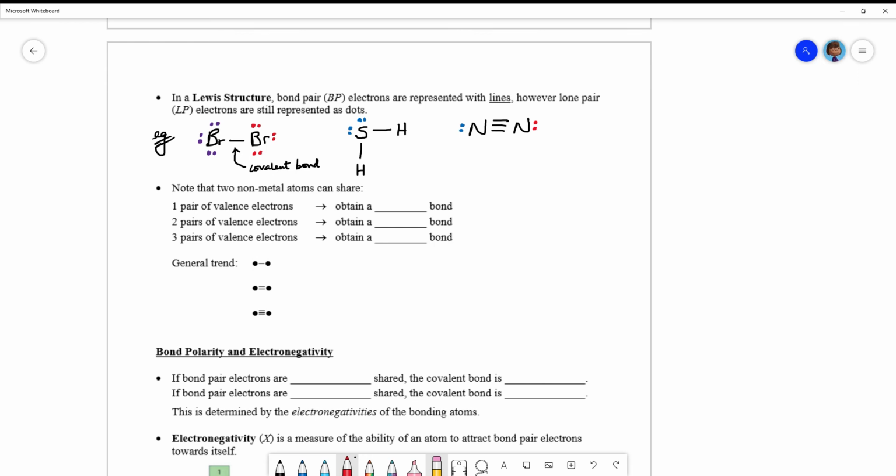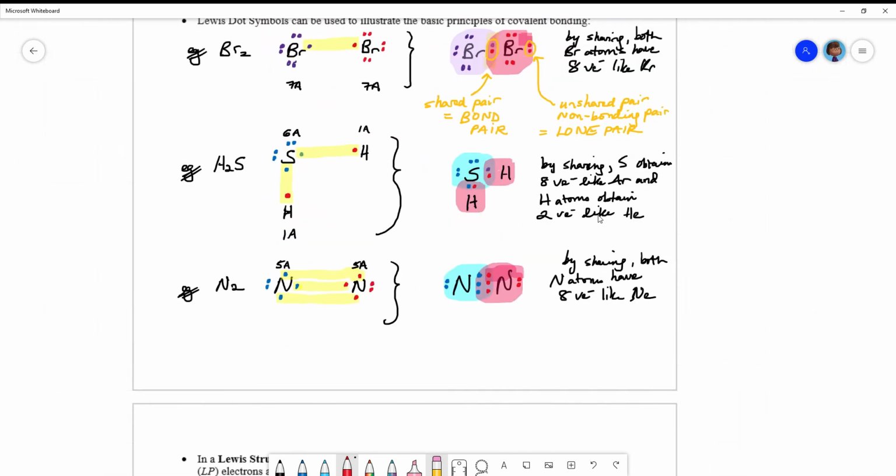They're called Lewis structures. And in the next lecture, we're going to learn how to draw Lewis structures without having to do what I did over here. Because while this is a very good technique to show the principles of sharing valence electrons, it's not such a good technique to draw Lewis structures, especially for more complex molecules.